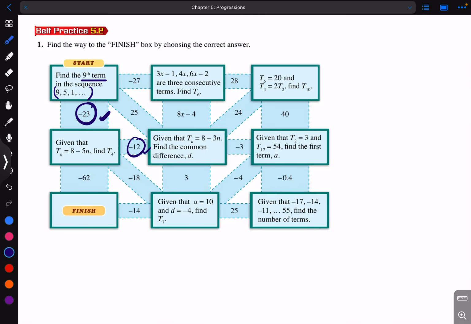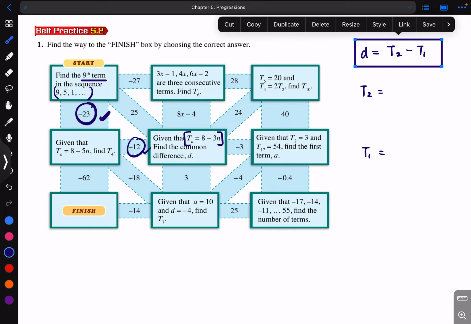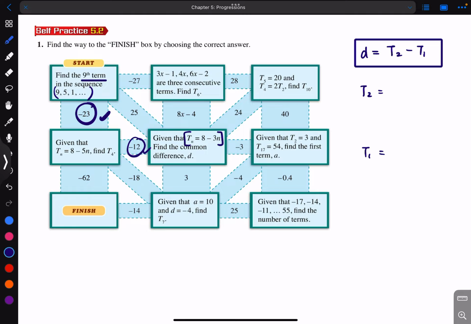Next one. Given that Tn is this, find the common difference. Okay. So to find the common difference, the formula will be either T2 minus T1 or T3 minus T2. Any consecutive terms, you have to minus. So since they gave us the Tn, we can find the T2 and then we can find T1 and then we can put in the formula to find the common difference. Okay, let's try to find T2.